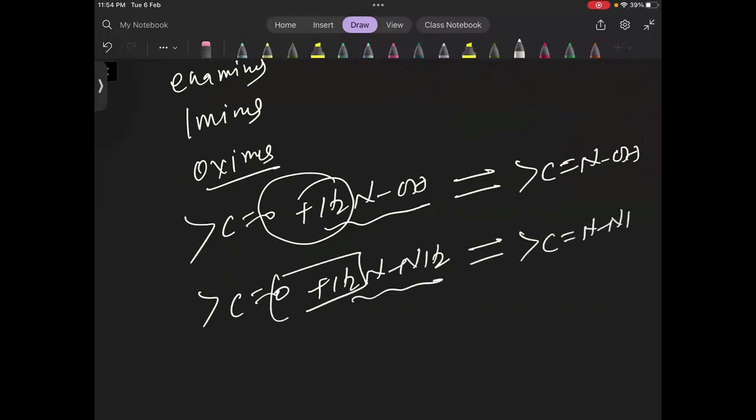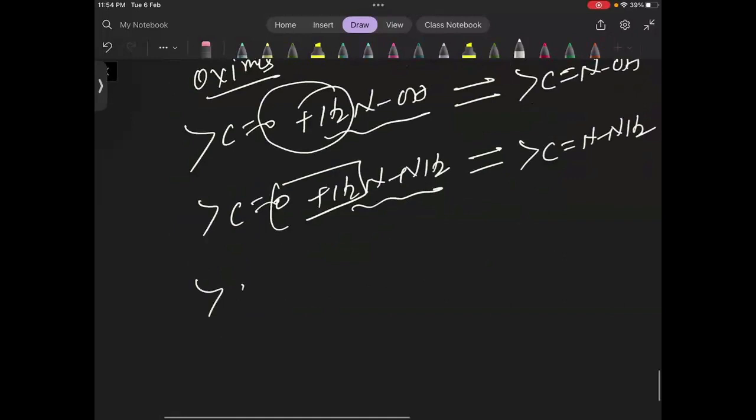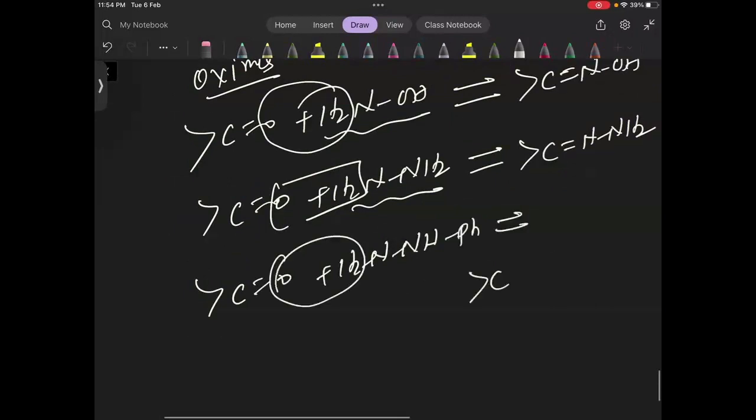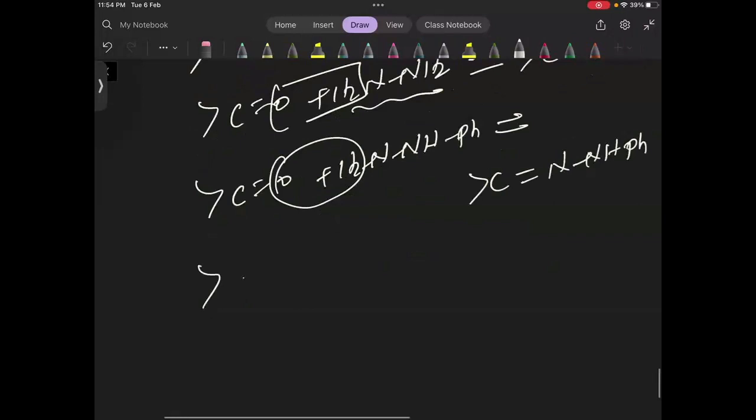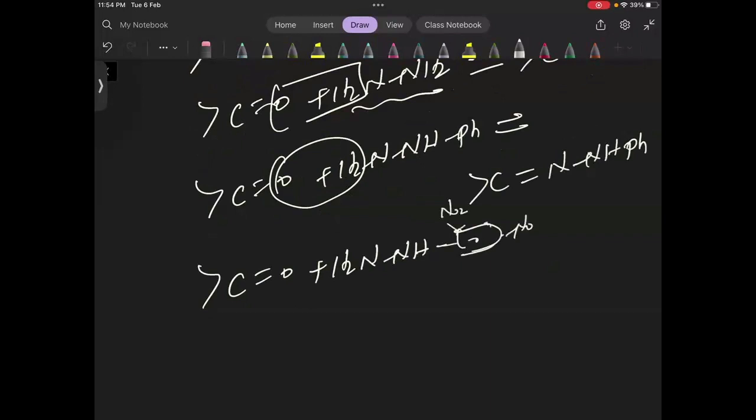Similarly, you can take phenylhydrazine also, H2N-NH-phenyl, and the compound is formed, H2O is removed, giving NHPh. Now we talk about 2,4-DNP: H2N-NH with a benzene ring and NO2 groups at positions 2 and 4.